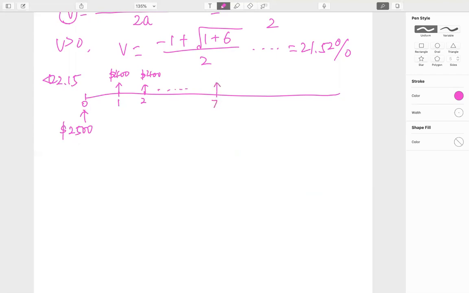So the last payment is at time 7 years, and there are 7 payments. He also receives a lump sum of 1,000 at time 8. So here is 1,000. Find the annual effective rate of interest that he earns.